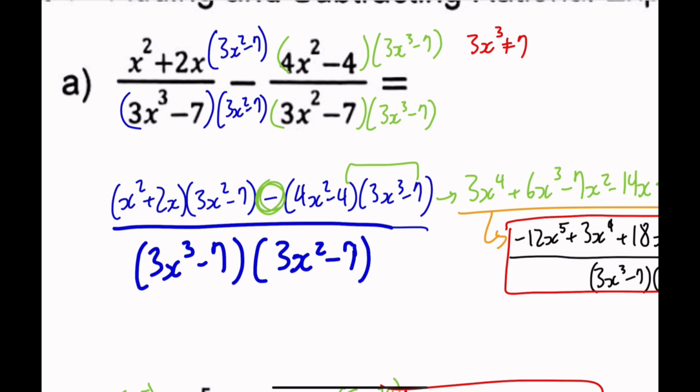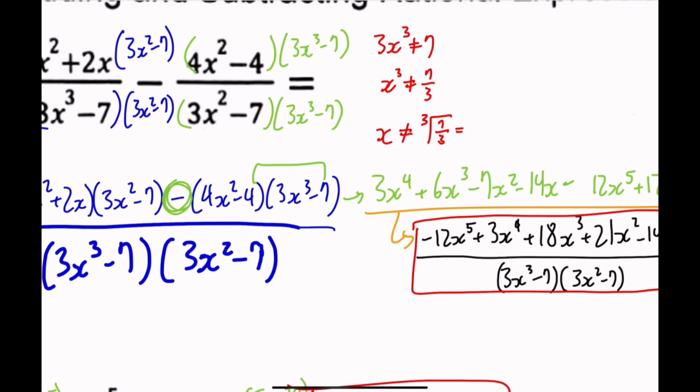And so this also means that x cubed is not equal to 7 over 3. So if you take the cube root of each side, then x cannot be equal to the cube root of 7 over 3. And if you want to rationalize this, this is just going to be equal to cube root of 63 over 3, like that, right?